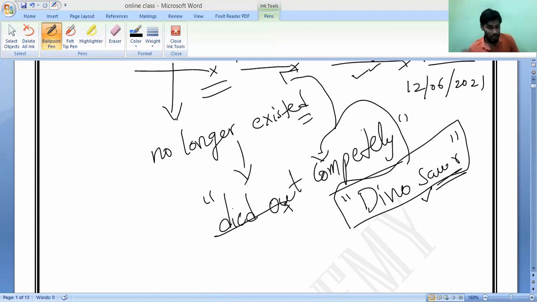Is it okay? These extinct species may be animals or may be plants. I cannot say it is only about animals or only about plants, because many plants and many animals are disappearing. They have become completely extinct on this earth, having lived millions of years ago. So these extinct species may be of animals or of plants.